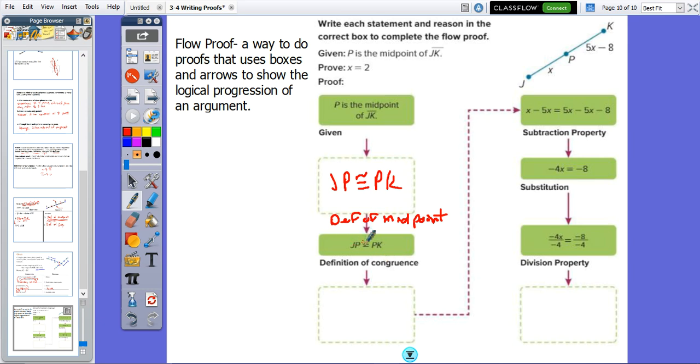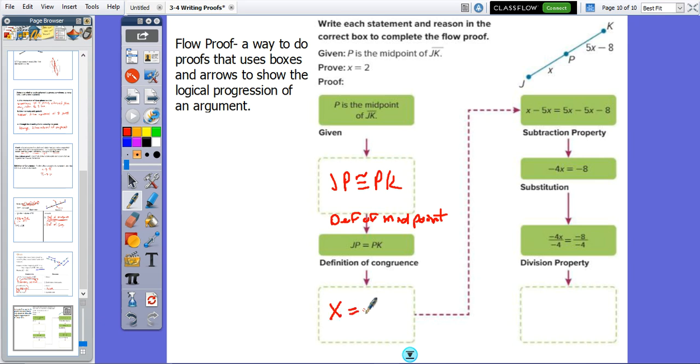Now remember, things have to be equal to be able to manipulate them, to change them, to switch them out, as we're going to do here. So the goal, as you can see, in the next box, they already started subtracting and started working the problem out. But wait, where did the problem come from? Well, we look at the graph here, JP equals X and PK equals 5X minus 8. So they substituted.